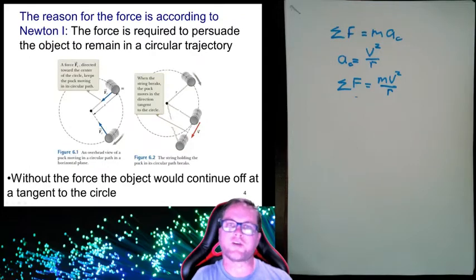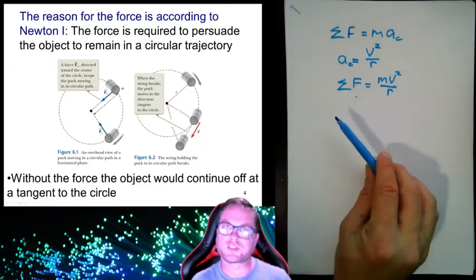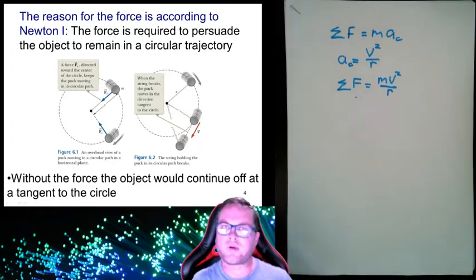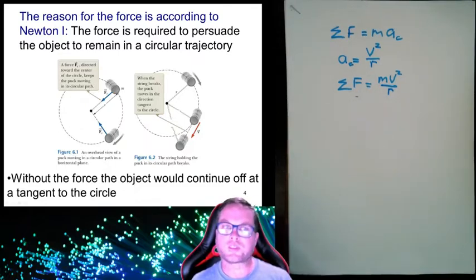It's interesting for us to look at this force and to consider the role that it's playing in our situation. We know from Newton's first law that an object will continue moving in a straight line unless it's acted upon by an external resultant force. If we look at this case of our object moving in a circle attached to a string, we see that this force is required to persuade the object to remain in its circular trajectory.